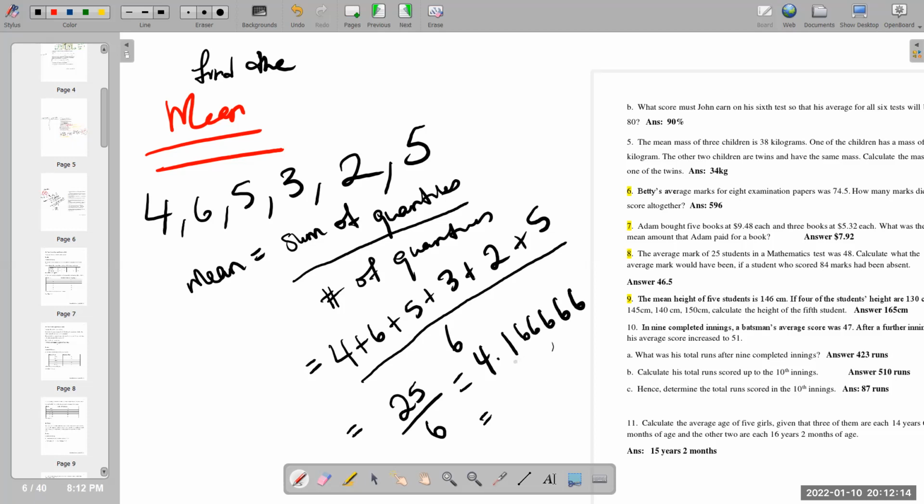So to one decimal place, we already know what we need to do. Draw a line. This number is greater than 5, so this number is going to increase by 1. So your answer is 4.2. How y'all feeling about the mean? Pretty straightforward, right?